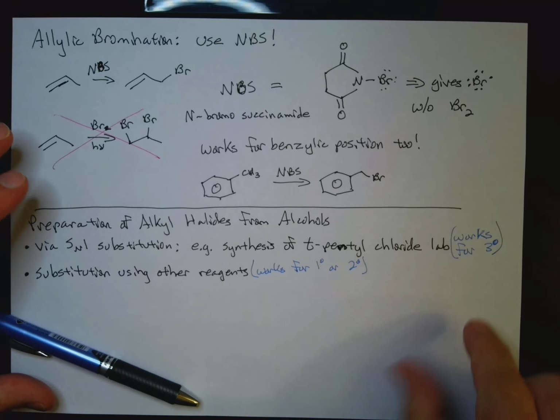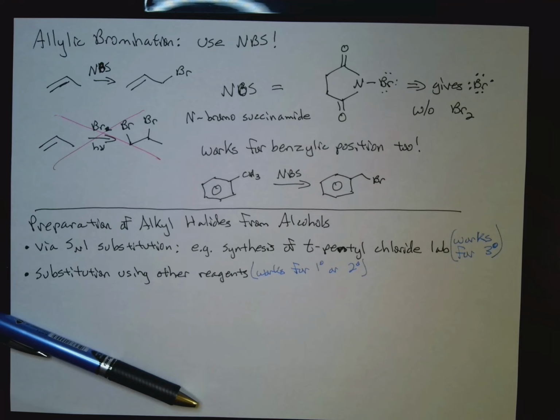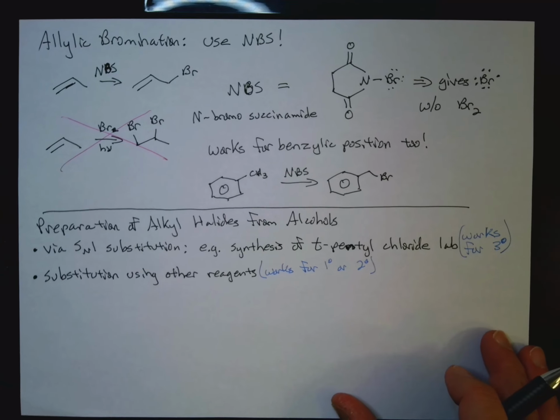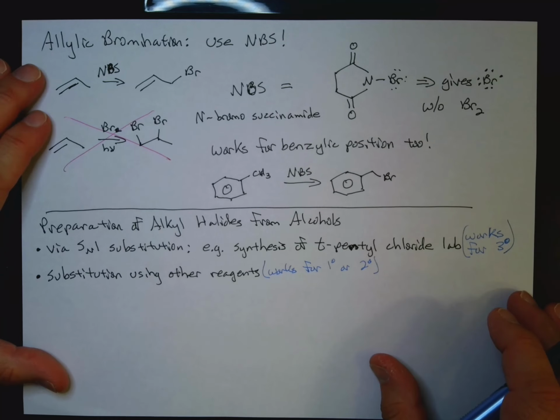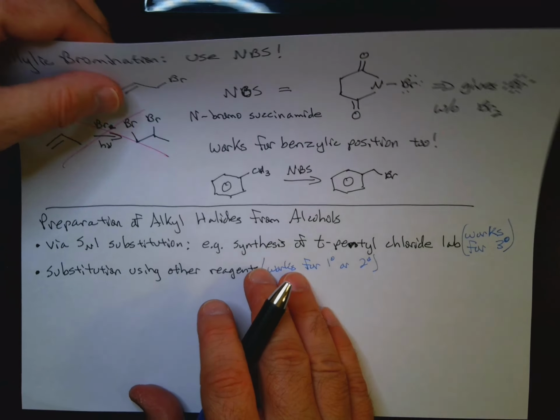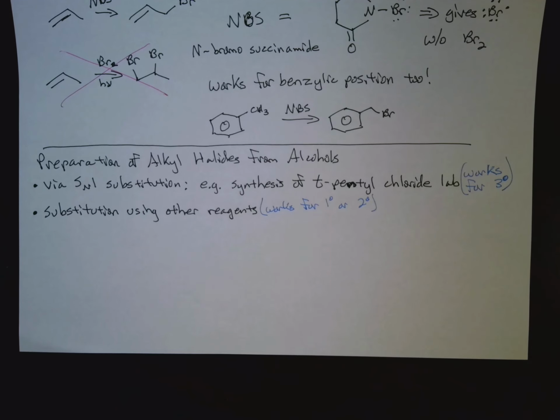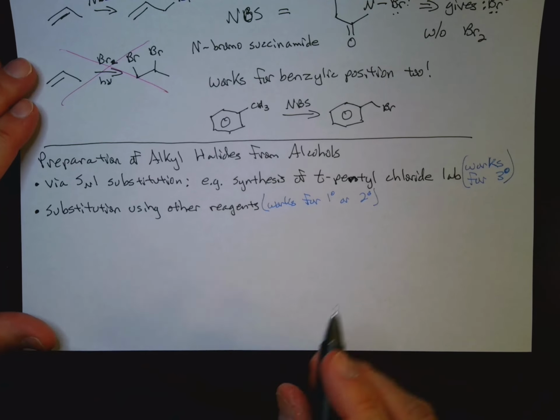So if you had a tertiary alcohol, you could do an SN1. If you have a primary or secondary alcohol, SN1 really isn't going to work that well because the carbocation intermediate won't be that stable. So what you're going to have to do is use a little bit more vigorous reagent here.